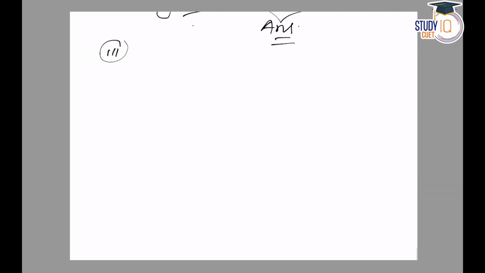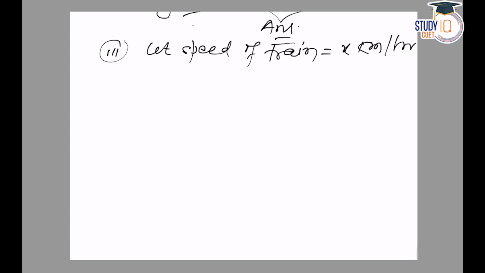Let a speed of train equals to x kilometer per hour and a speed of bus equals to y kilometer per hour.